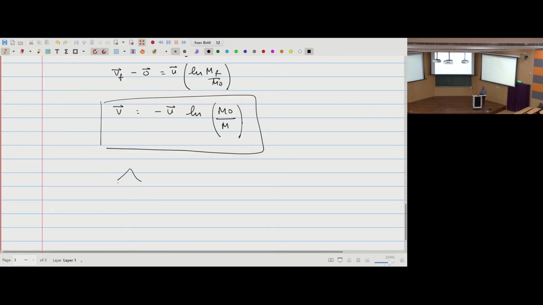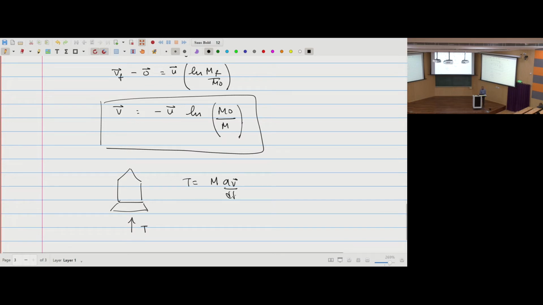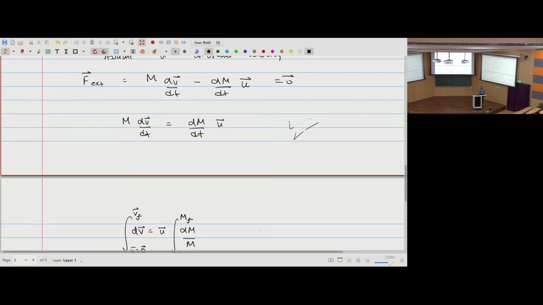You will say that we are modeling the rocket. There is a thrust force because of the burning gases, that is T, and this T is equal to the mass times the acceleration of the rocket. And this T is given as dm by dt times u. And if you apply that, you actually end up getting the same thing, this one.